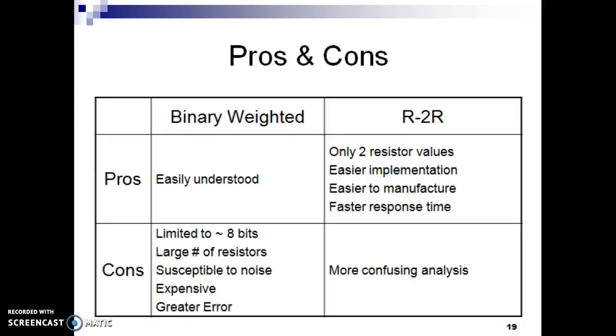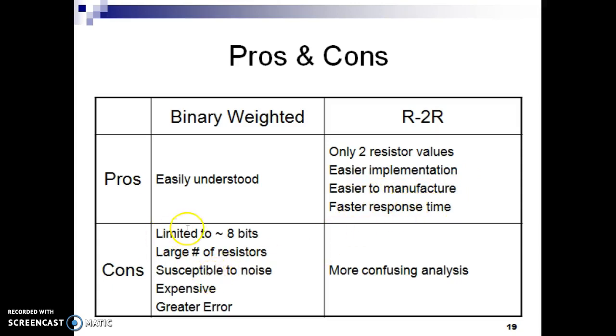Those are the two types of binary weighted DACs. Let us analyze the pros and cons of these two methods. Binary weighted is easily understood, but in the case of R-2R we need to use only two resistor values, and it's very easy to implement, very easy to manufacture, and it has a faster response time.